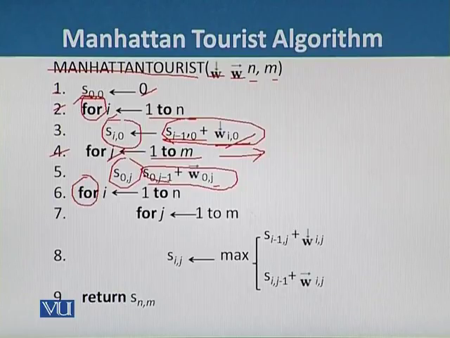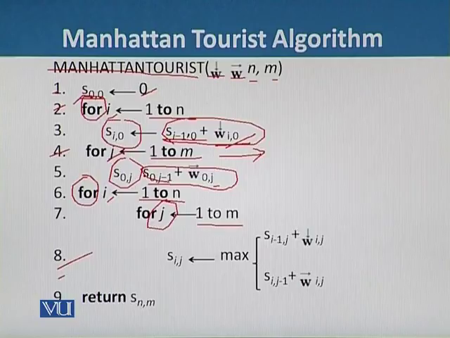And again, in the for loop we assign the values 1 to n to i and 1 to m to j. And this is the very important step, step number 8. This is the recursive step, and it uses the pre-calculated values and proceeds further.